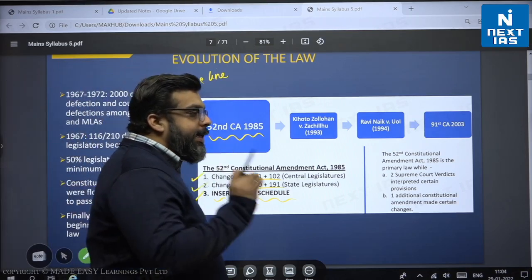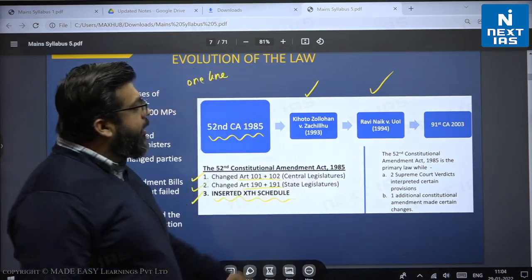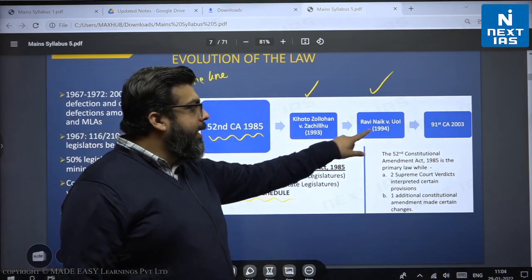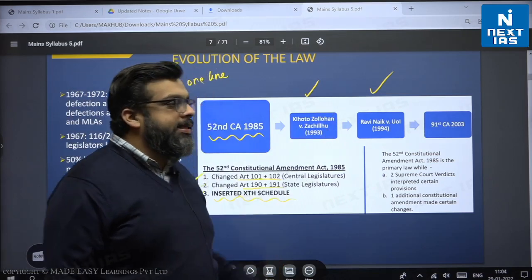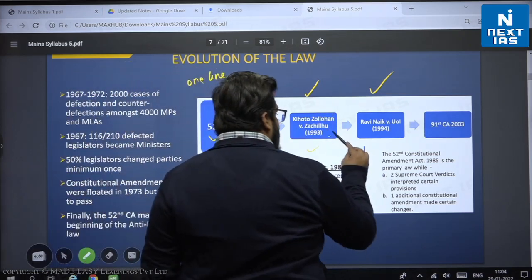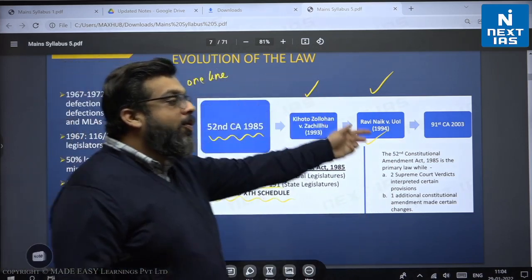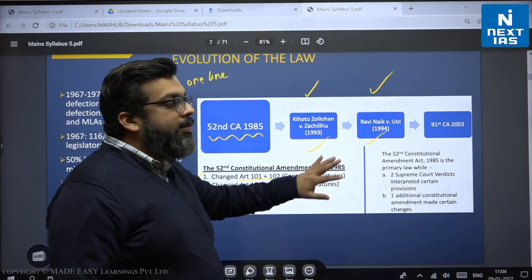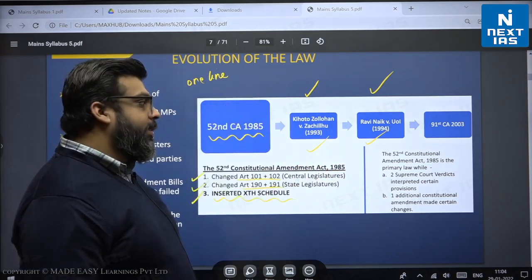There have basically been 2 major Supreme Court judgments. One, Kihoto Hollohan in 93 and Ravi Naik in 94. It is in both of these cases that the Supreme Court has given certain guidelines. Can the Supreme Court review it? What are the kind of mergers that would be allowed? What is meant by anti-defection and the grounds?